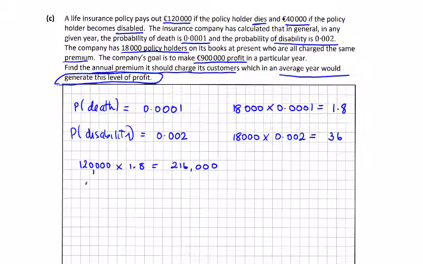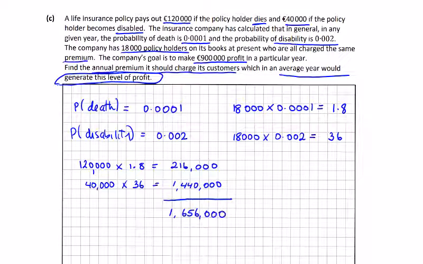They're going to have to pay out 40,000 to the 36 people that have become disabled, and 40,000 by 36 is 1,440,000 to the disabled people, giving a grand payout of 1,656,000.